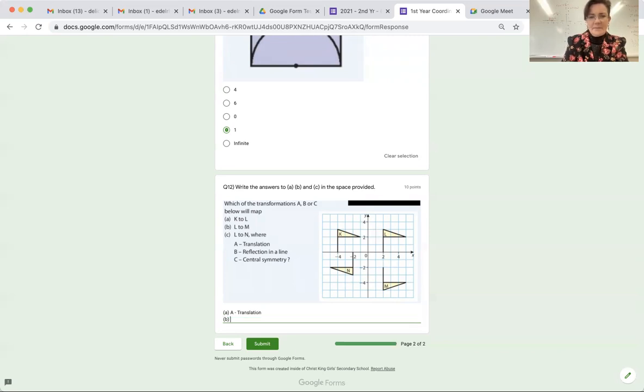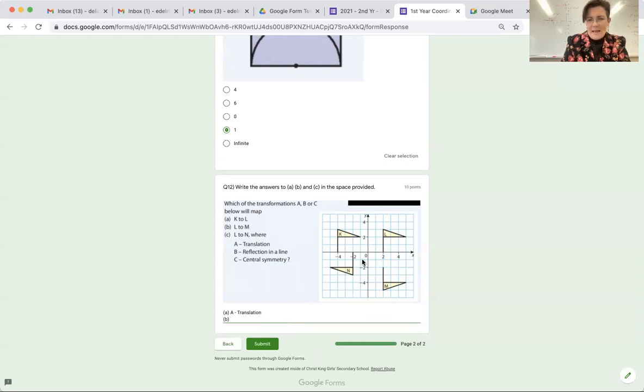Part B, L to M. So L to M is a reflection. It's not turned upside down and reflected. It's just a reflection in, actually probably in the line just over here. So if you fold it along this line, you'd find that you get an axial symmetry.